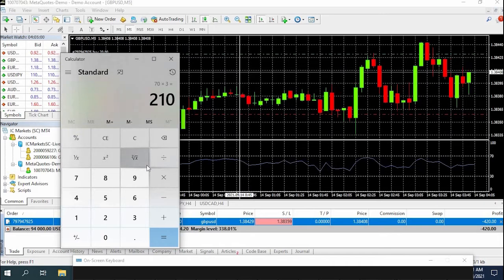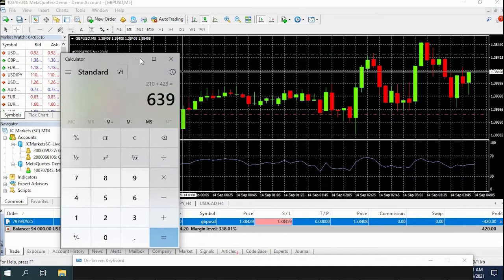Times 3 is 210. So a 1 to 3 risk to reward ratio, the profit should be 210 plus 429, equal 639.